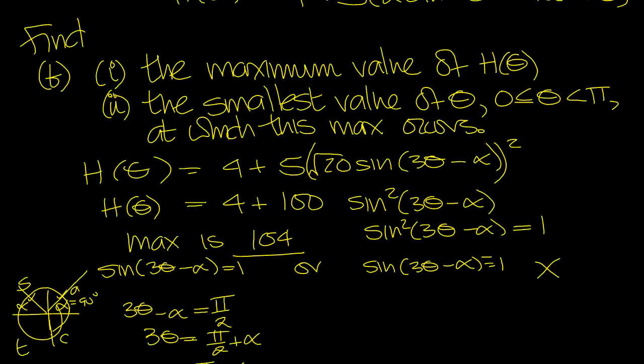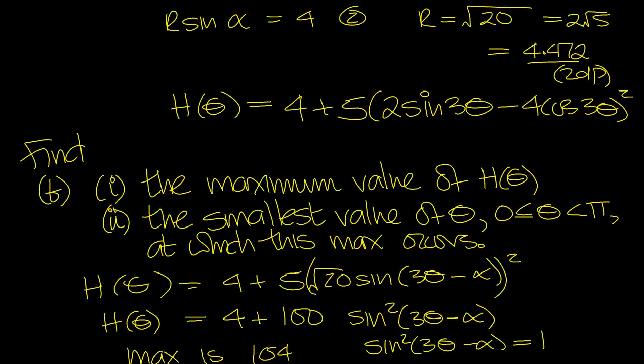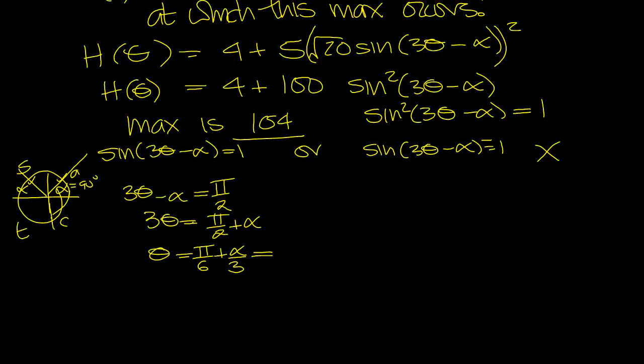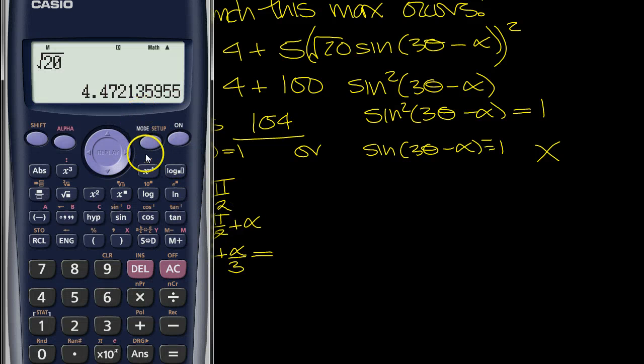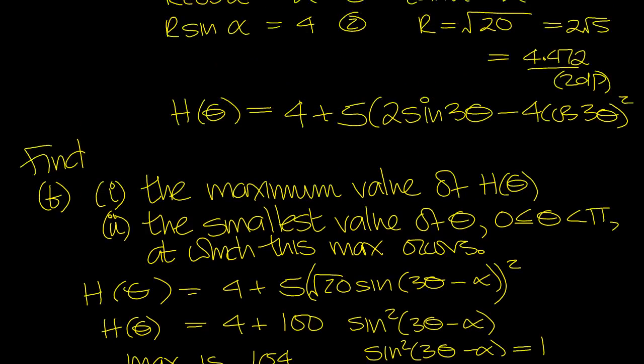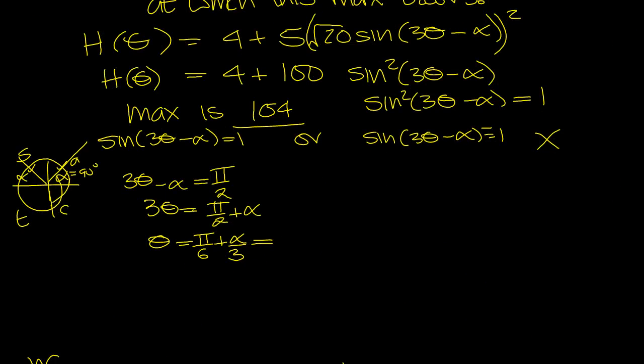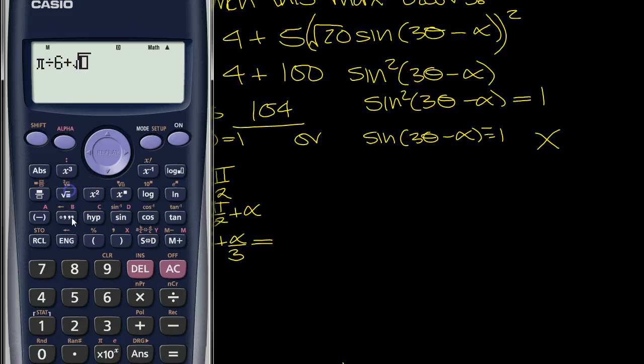Okay, good. So this is the one we're interested in. Alpha is equal to, to 3dp, 4.472. So it's pi over 6 plus root 20 divided by 3.